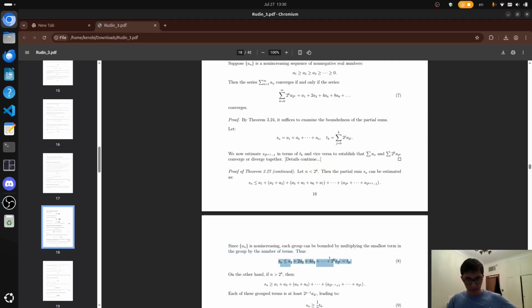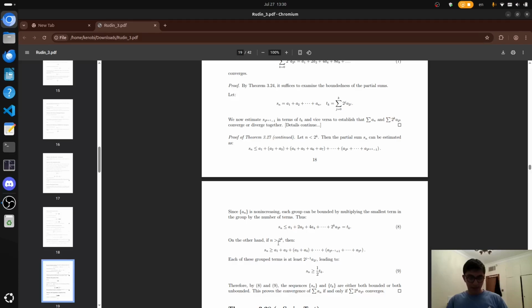So S_n is less than or equal to T_k when n is less than 2^k. And you can do likewise when n is greater than 2^k. You can group them again. And here S_n is going to be greater than this.